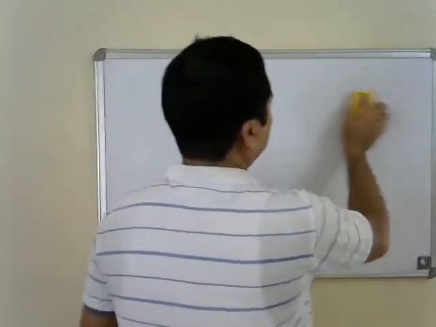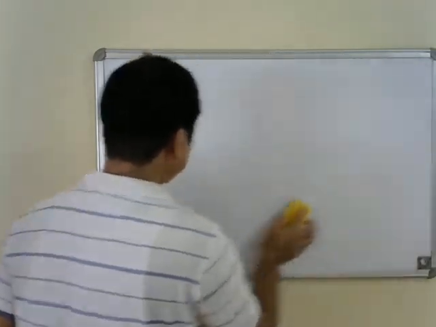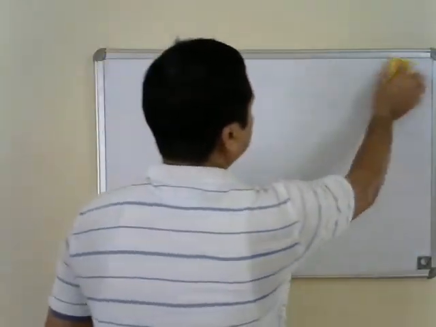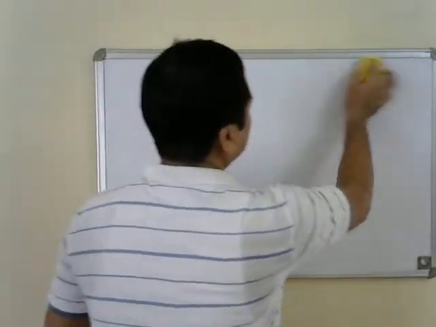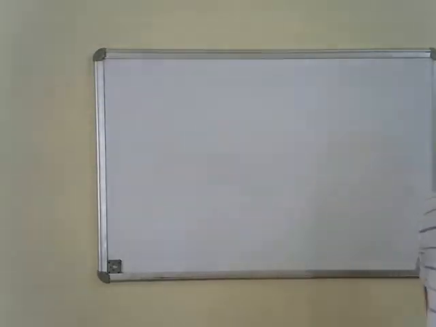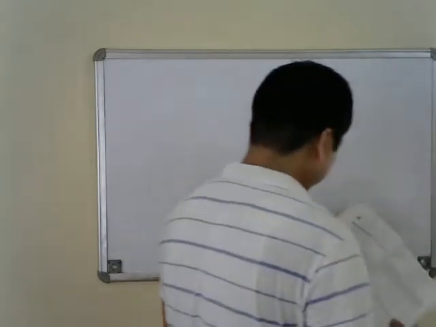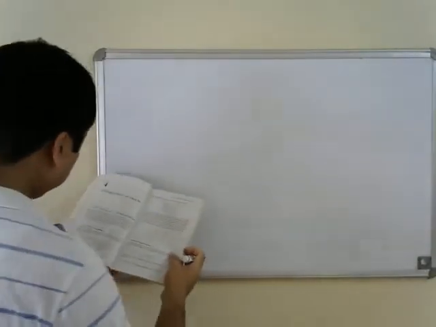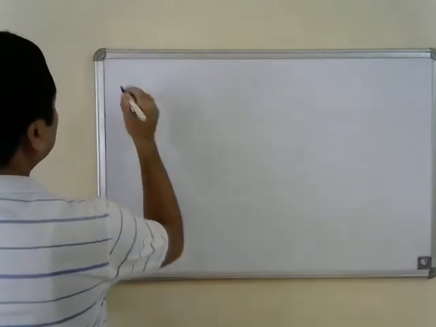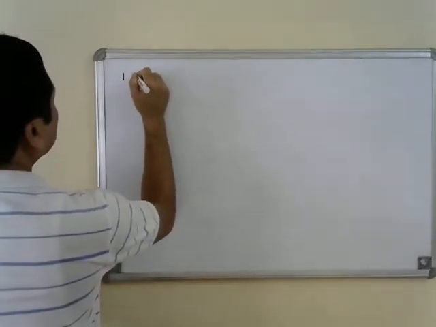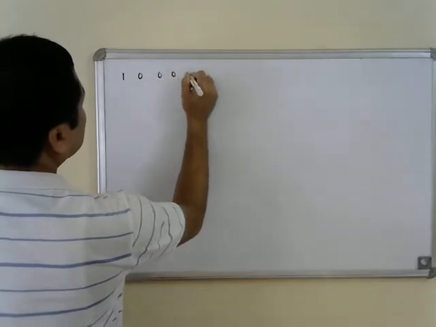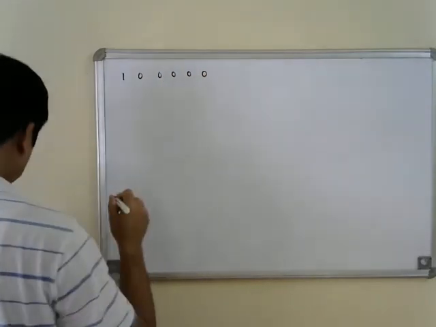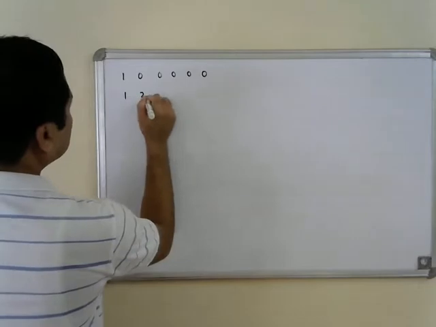And before we do this exercise, we will learn about a very special case of matrix multiplication. We will write two matrices and then do their multiplication, and then observe a special case of this matrix multiplication. So let me write these matrices. 1 0, 0 1 2 0.